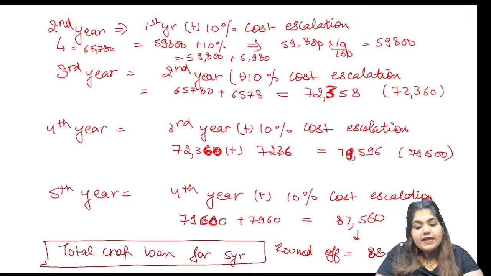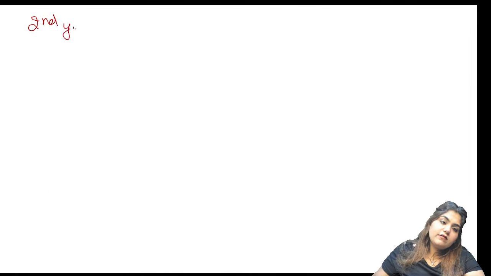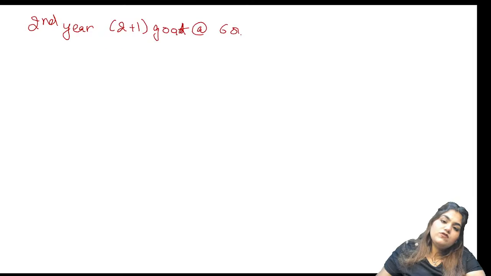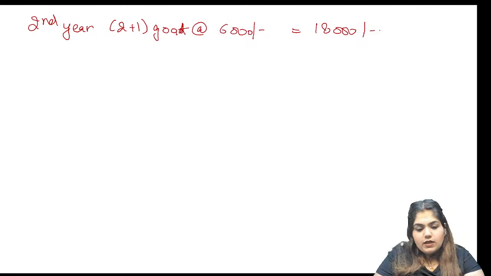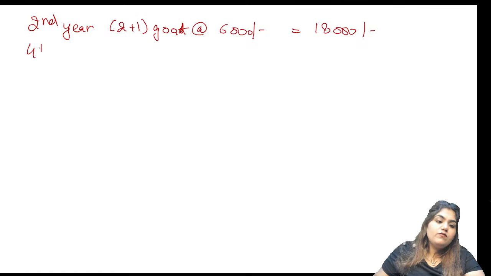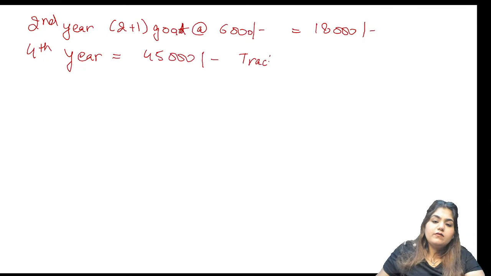ठीक है. अब second year में he bought 3 animals. In second year 2 plus 1 goat, at 6,000 each, that will be 18,000. And fourth year में 45,000 ka tractor. He got a tractor and goats.